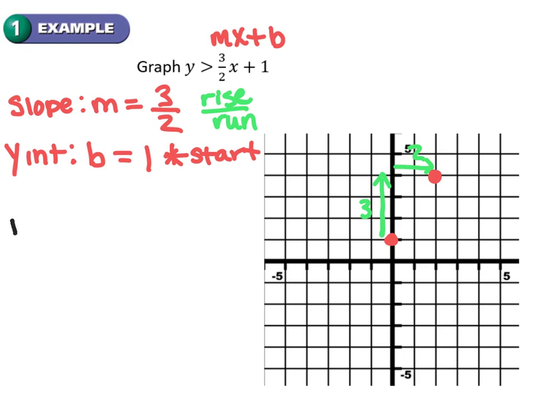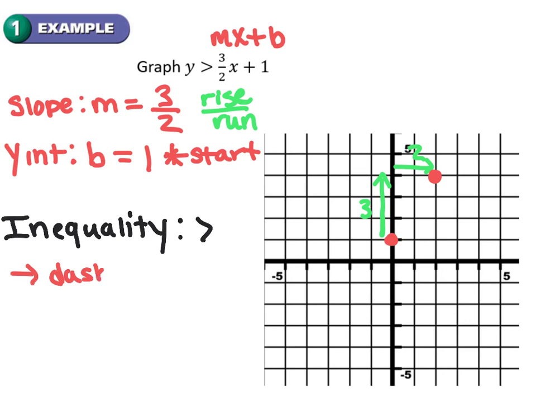Now, since the inequality symbol was greater than, this tells us first that we're going to have a dashed line. So I'm going to draw my line through this point using the ruler so that it's dashed.